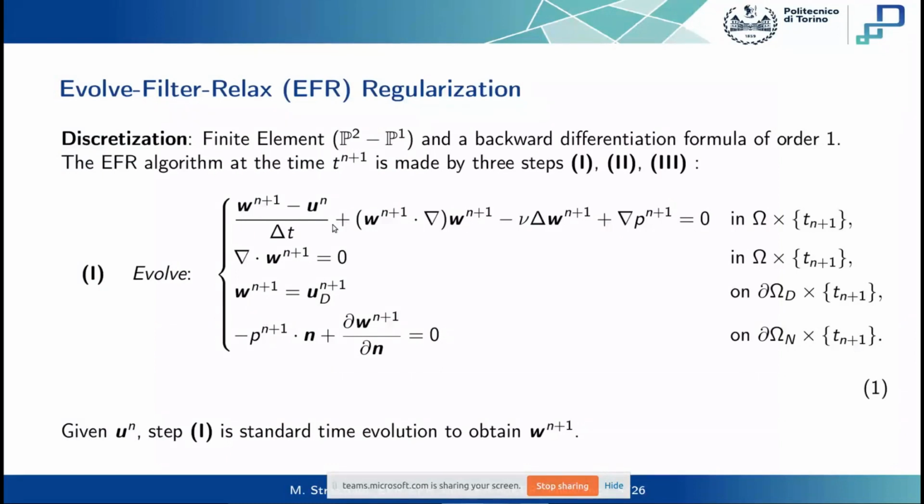And it depends on a velocity at time tn, that somehow is post-processed in steps 2 and 3. So now I'm going to show you how to obtain this velocity. So here you obtain a w n plus 1 that is actually the standard Navier-Stokes equation solution.